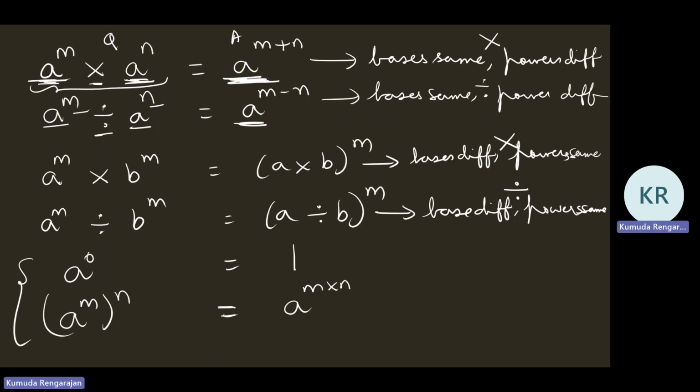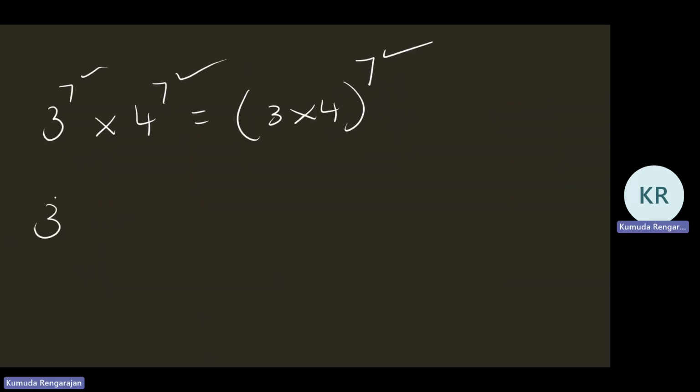The other rule is when bases are different, A, B, and it's division, but the powers are the same, m, m. For example, 3 to the power 7 divided by 4 to the power 7 will be equal to 3 divided by 4, the whole raised to the power 7.